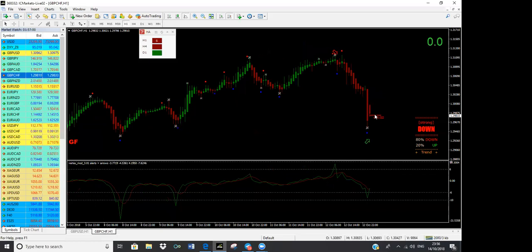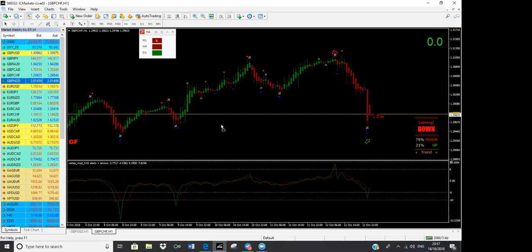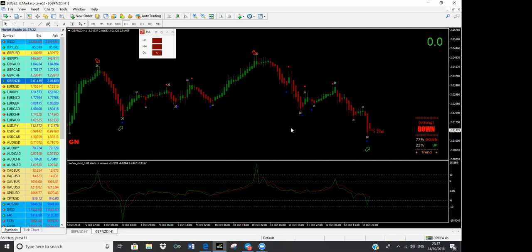Because if one takes off for an uptrend, they all take off. Hey, NZD, uptrend. Wait for it. There, uptrend.